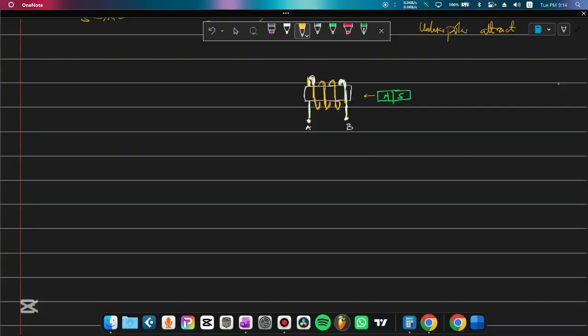Now let's analyze it. Because the north is going towards the coil, the magnetic field generated by the eddy current wants to stop this magnetic field. Therefore, it generates a north here, because it wants to stop this one, so that the north will repel this north. Now my north is facing this direction.